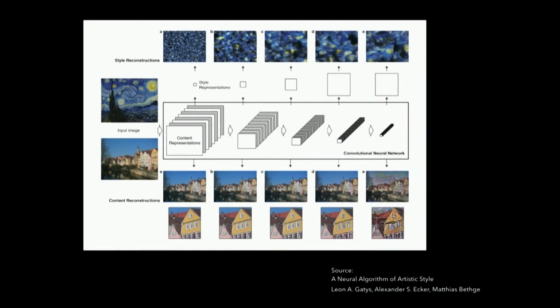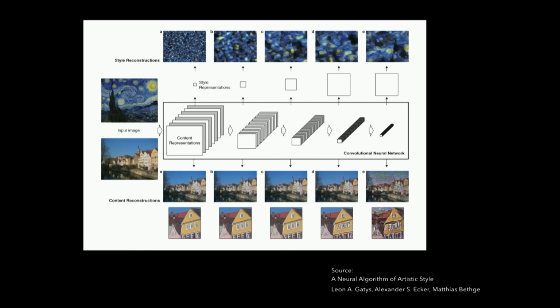So to take this even further, we have deep style transfer. On the screen right now is a screenshot from a paper called A Neural Algorithm of Artistic Style. Basically, the authors of this paper have created a convolutional neural network, which is many, many layers of many, many neurons.